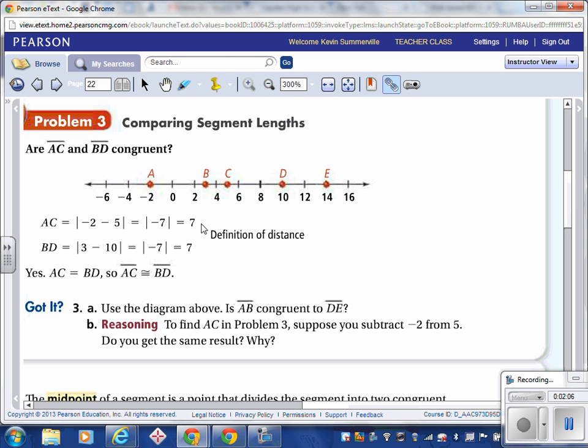AC equals 7. BD equals 7. So we can state it this way: AC equals BD, so segment AC is congruent to BD. Let's take a look at got it number 3 and see what they get.